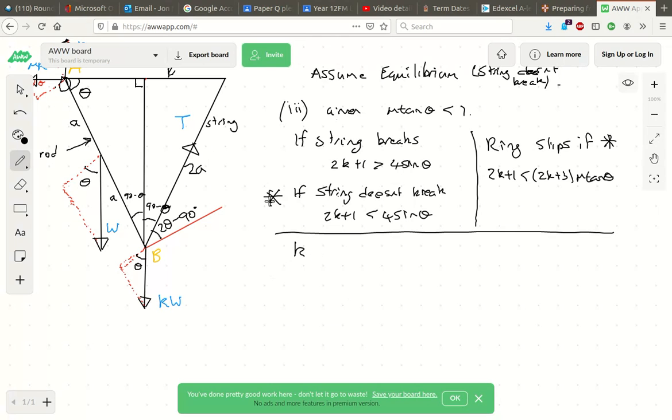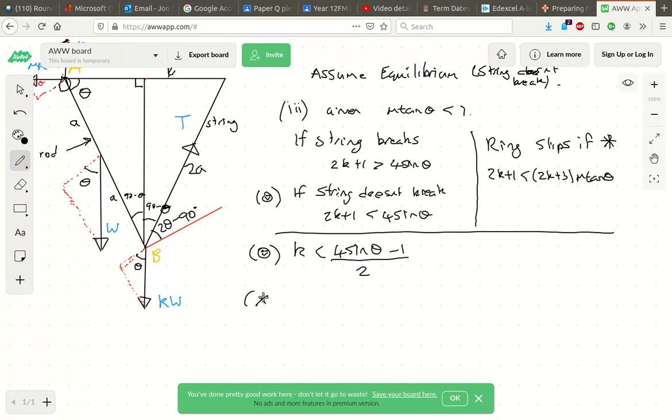Now the first one, let's call this one smiley face or something like that. That's often what I use. Okay, smiley face. From smiley face, we can see that k is definitely going to be less than 4 sine theta minus 1 over 2. Yeah, and it's okay to divide by 2 there. It's greater than 0. I haven't got to worry about what it does to the inequality.